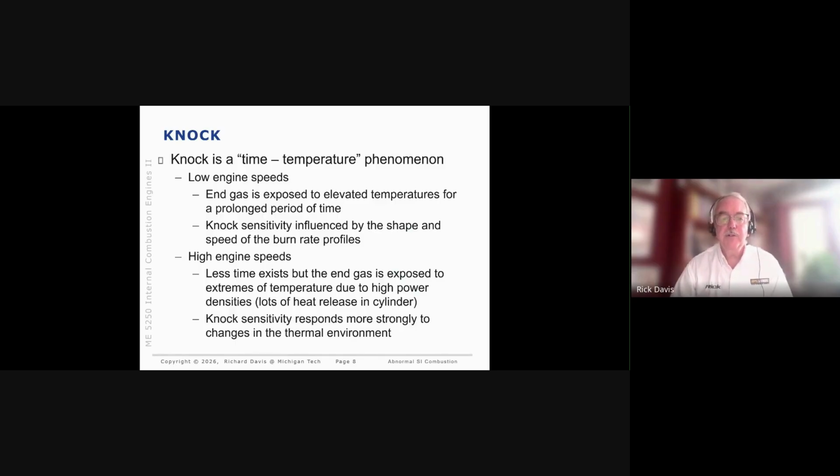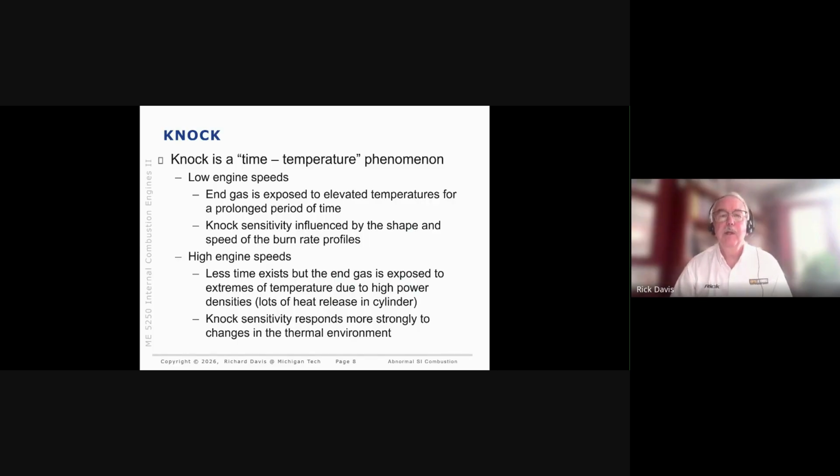And at high engine speeds, there's less time for that to occur. But because of the higher rate of power output through the engine, the in-cylinder temperatures increase, and it becomes a temperature-driven phenomenon. And if you look at the underlying equations that drive it, knock sensitivity has basically an exponential relationship to temperature. So increases in the thermal environment can lead to a much more rapid onset of knock.